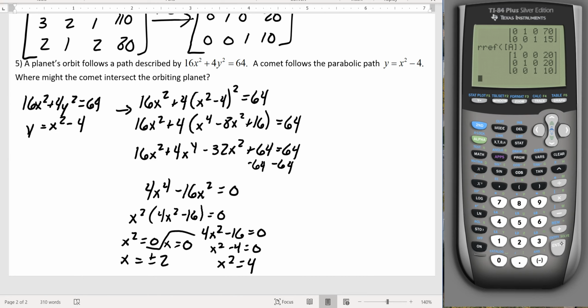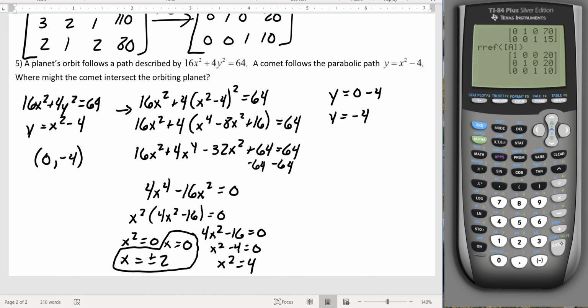So notice how many solutions do I have here? 0, positive 2, and negative 2. From here I need to plug it back in, okay? So I have y equals 0 squared minus 4, so that would be y equals negative 4. So that would give me the coordinate point (0, negative 4).